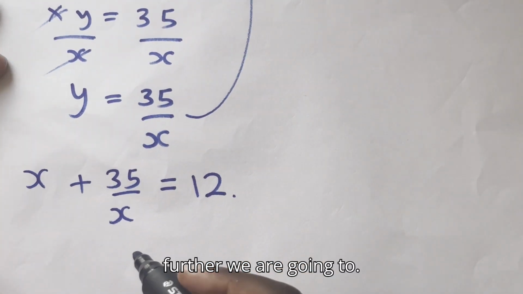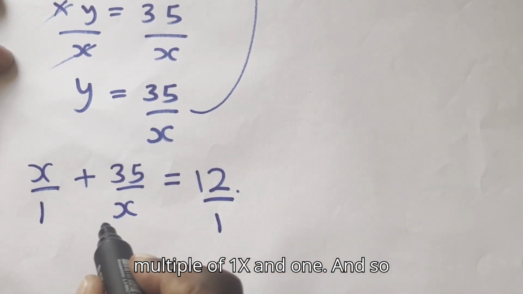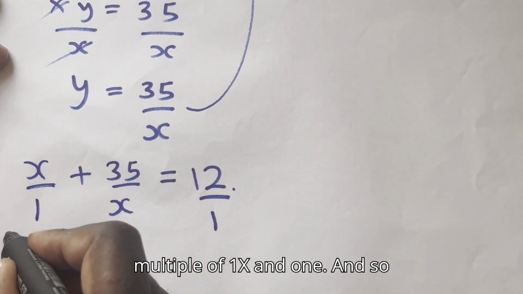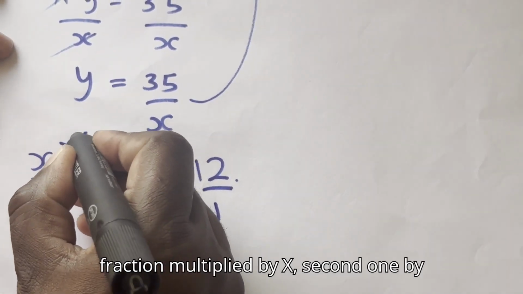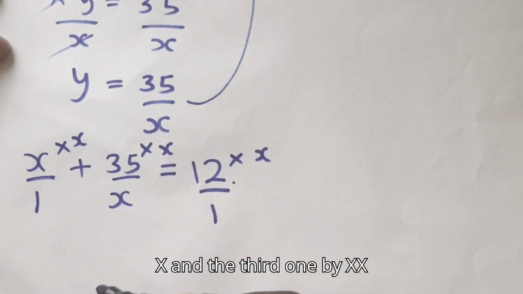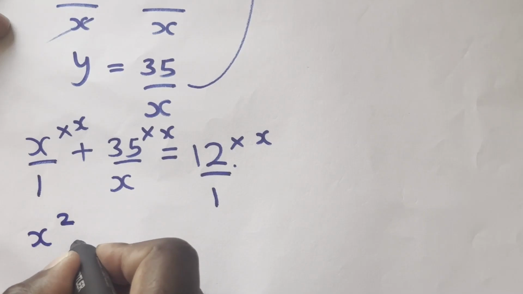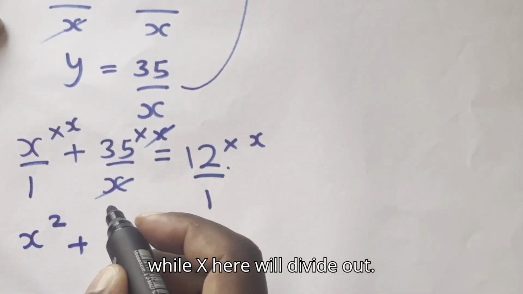To proceed further, we're going to multiply through with the lowest common multiple of 1, x and 1. And so now we're going to have the first fraction multiplied by x, the second one by x, and the third one by x. x by x gives us x squared, while x here will divide out.